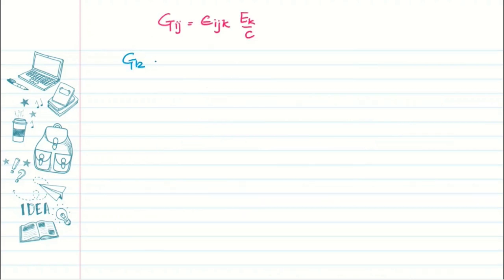Let's find G12: epsilon 1, 2, 3 times E3 by c. This is the ordered epsilon, so this will be plus 1. E3 is Ez by c. So this is our first element. G21 will be minus of Ez by c.